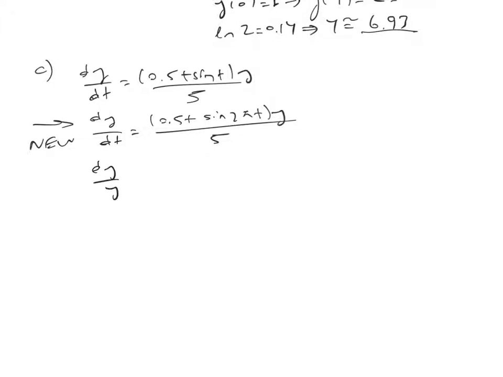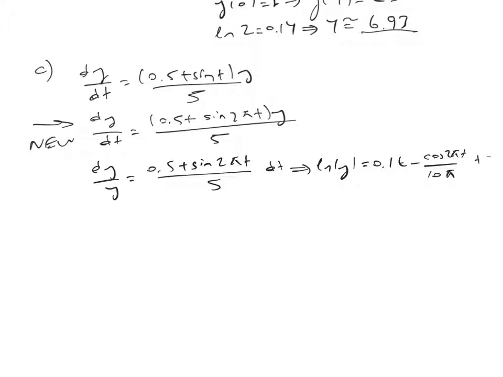dy over y is equal to (0.5 plus sin 2 pi t) over 5 dt. And let's integrate both sides. ln y is equal to 0.1 t minus cosine 2 pi t over 10 pi plus c. And from here y is equal to e to the power of 0.1 t minus cosine 2 pi t over 10 pi plus c.